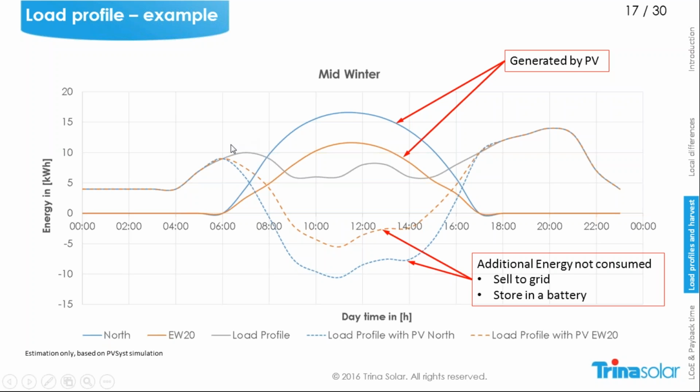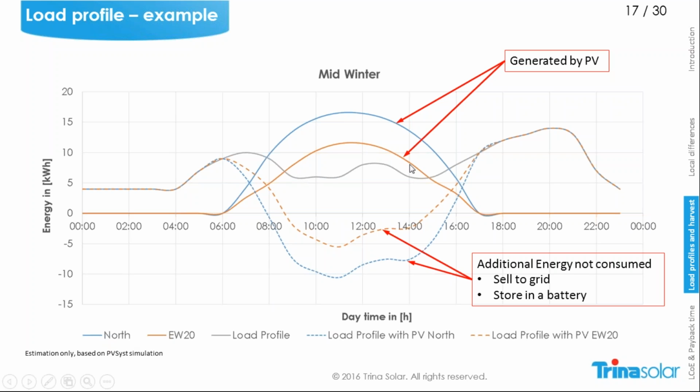And then for sure you have a peak load in the morning where everybody's standing up, preparing breakfast, getting ready for work, then during lunchtime preparing lunch, and for sure then in the evening with lighting, entertainment, all you need for life. And if you now have the PV curve, here also the example with the north-orientated system, because in this example it's placed in Johannesburg, so it's in the southern hemisphere, and in east-west systems you see the different productions during midwinter.